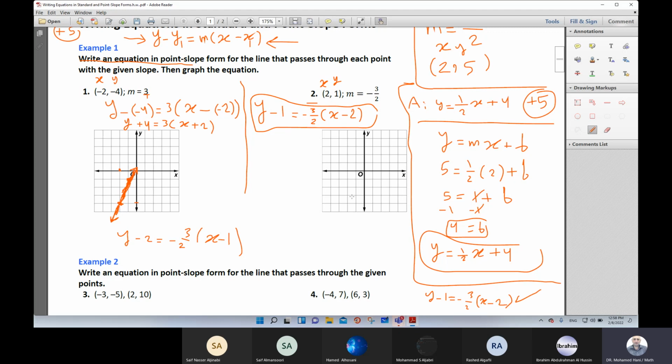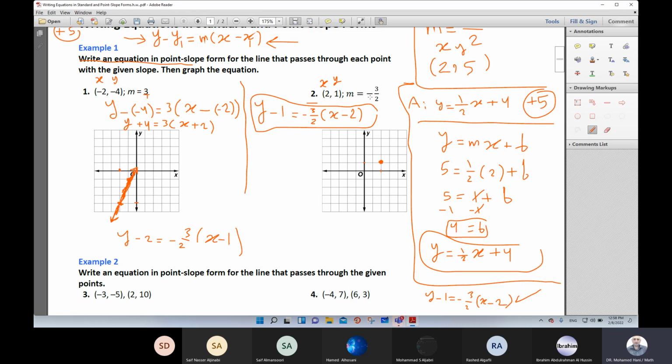Okay, how to graph this equation? Using the information here, represent at first the point: 2 in the x and 1 in the y, so the point will be here. Then we want the second point. Use the slope information. We have negative 3 over 2. 3 means the change in the y, and 2 means the change in the x.